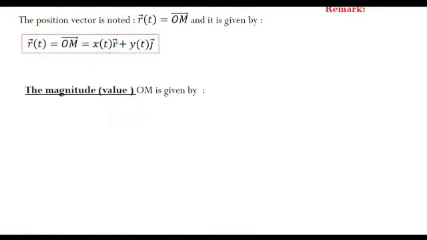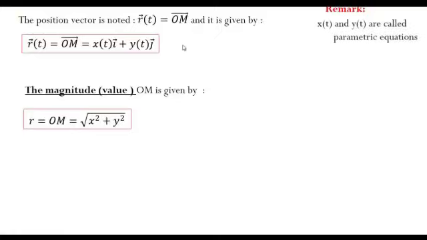Now how do we calculate the value of this vector? In order to calculate its value, r equals OM equals the square root of x squared plus y squared, just as mentioned in the math part on scalars and vectors. Now as a remark, pay attention that x and y are called the parametric equations, since these are equations depending on time.